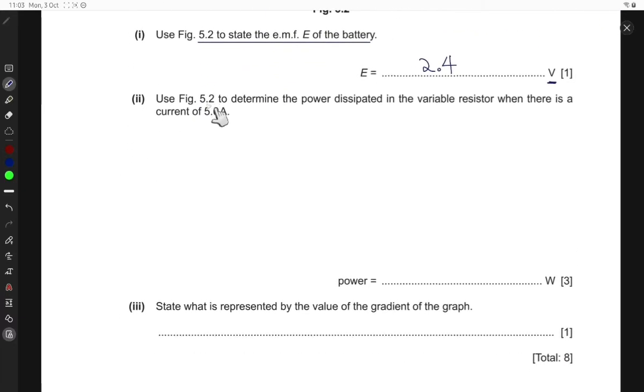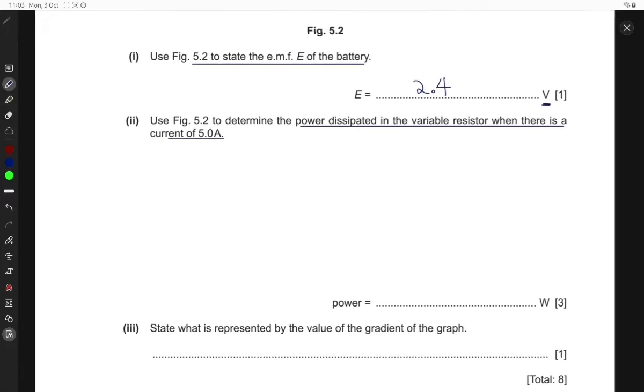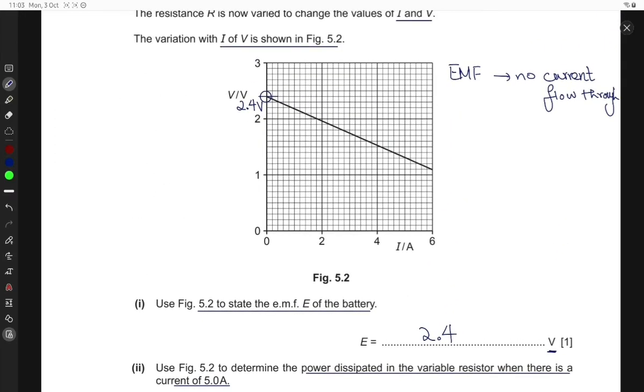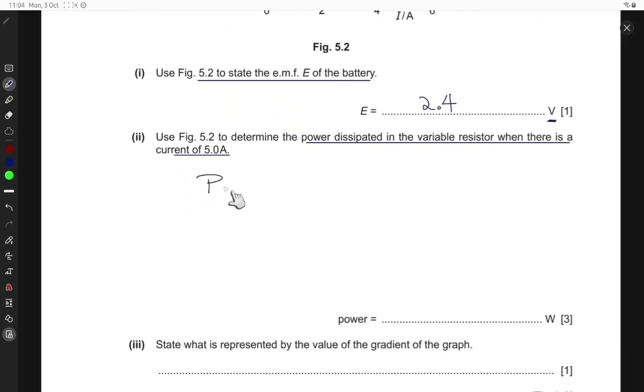Next, use the figure again to determine the power dissipated in the variable resistor when there is a current of 5 amperes. Now, obviously, when there is a potential drop across the resistor, the power would dissipate through the resistor. And we know that the power dissipated is given by P equals VI, where V is the potential drop across the resistor and I is the current that flows. Now, they're saying when the current is 5.0 amperes, what's the power dissipated at that time?